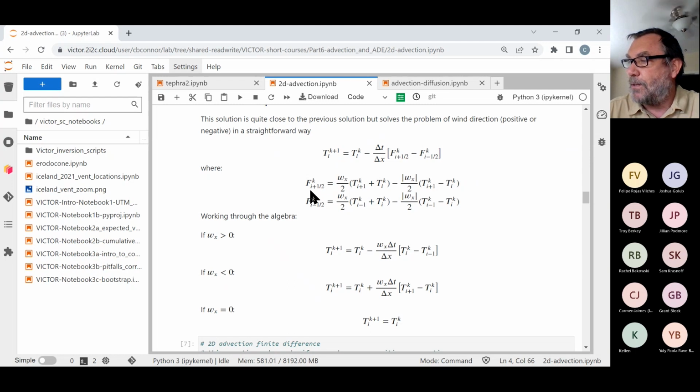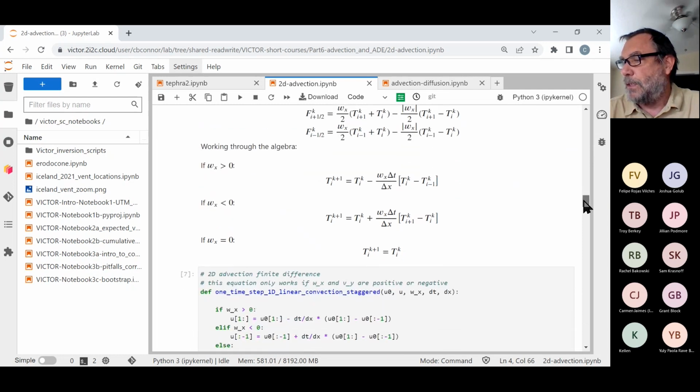You'll notice down here in this 1 plus 1/2 and minus 1/2, instead of +1 and -1, we can think about it as if we're trying to get the temperature or concentration on the grid, and we're going to think about Wx and Vy as staggered from that grid, right? It's not really important in this particular application, but that's what that means when people implement it. It's not important here because we're saying Wx is constant across the model domain, for example.